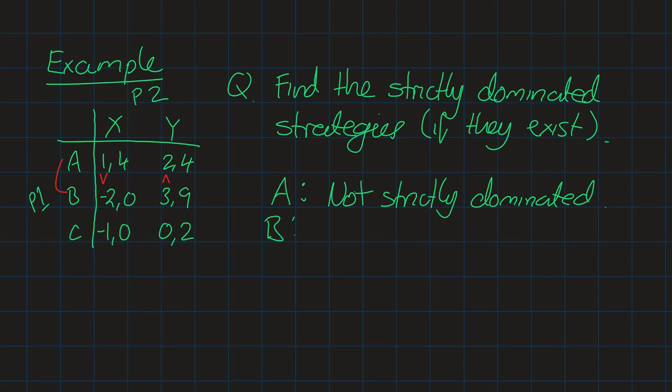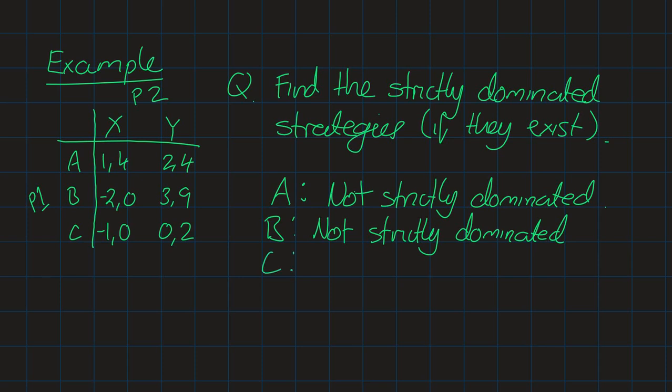So this means that sometimes A is better than B, and sometimes B is better than A, which means that A does not dominate B. If I compare B and C, then -2 is less than -1, but 3 is bigger than 0. So it's the same situation. Sometimes B is better, sometimes C is better. So again, B is not strictly dominated by any of the other strategies.